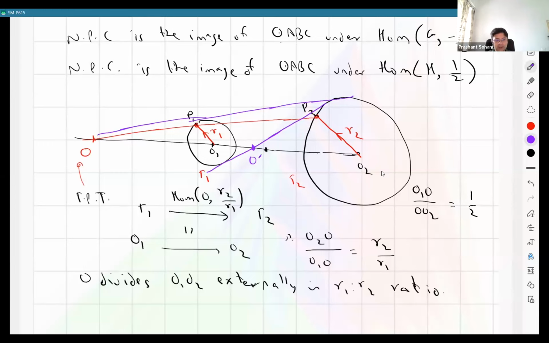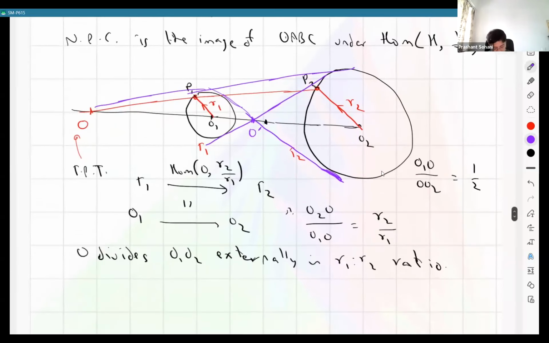So the only difference is that if I were to choose O dash as my center, then it is like a mirror image, right? So it has to be inverted. It is not the normal positive ratio, it has to be a negative ratio. So here then what will happen is that the first circle gamma 1 goes to the second circle gamma 2 under a different homothety.